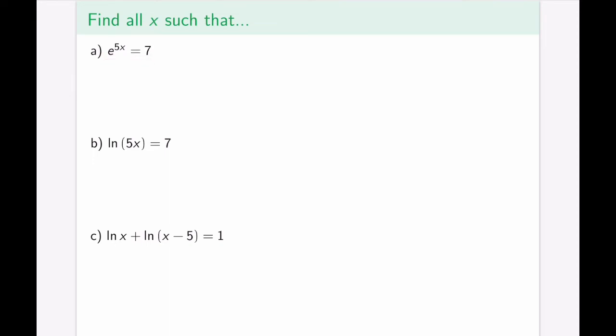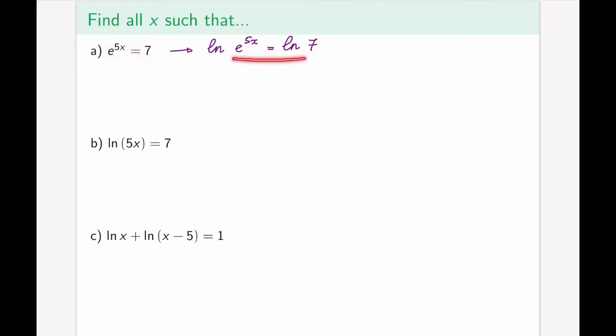Now, generally, you're free to choose the logarithm base that you're going to apply, and it can correspond to the actual base of the function that you have. But you can, in fact, always apply the natural logarithm and then potentially work out the conversion. Okay, so we apply the logarithmic function to both sides. So I have the logarithm of e to the 5x is equal to the logarithm of 7.